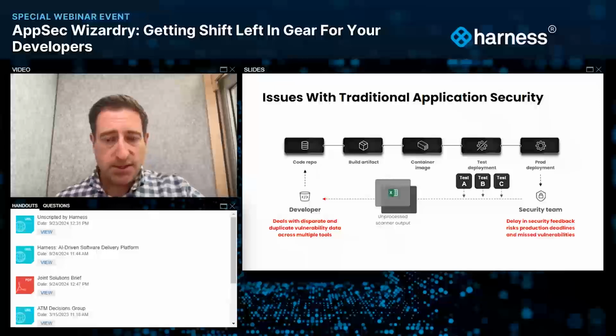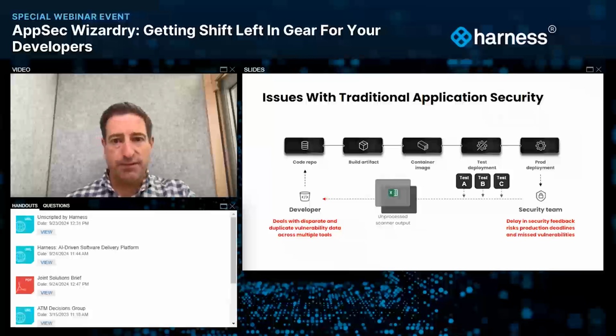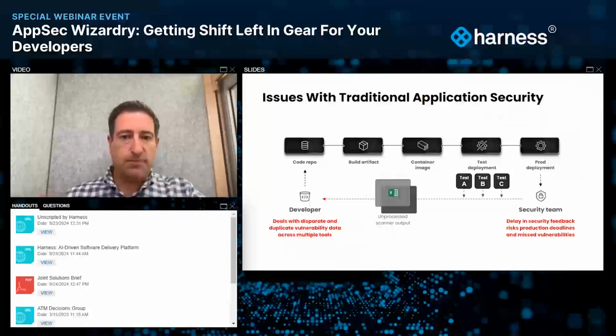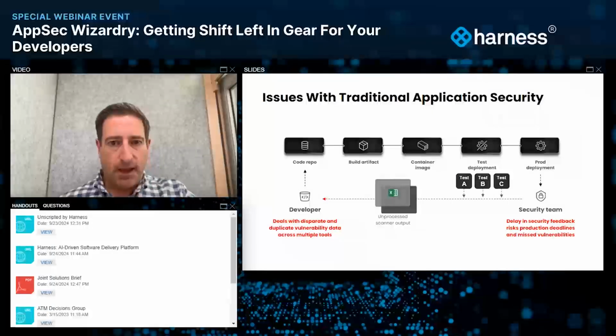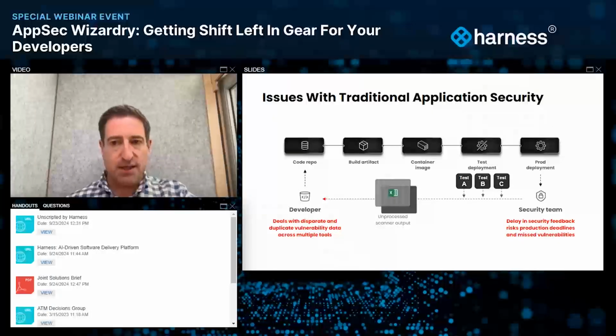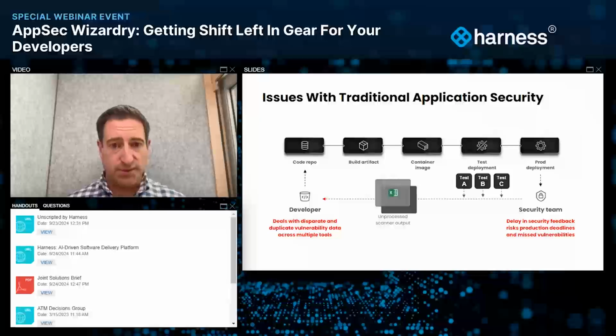So, just to level set here, what I'm showing is a conceptual map of the software development lifecycle, in a couple of primary phases. Some of the issues with traditional application security are made glaringly obvious. In the world of modern applications, let's say you're building containerized applications, or you have an app based on microservices, for example.